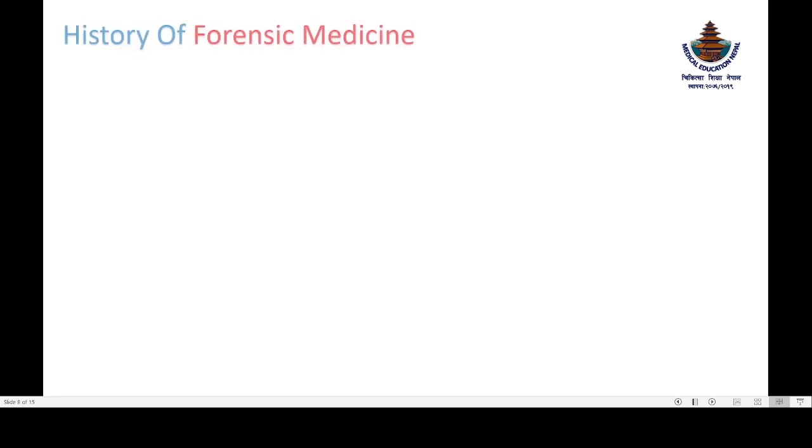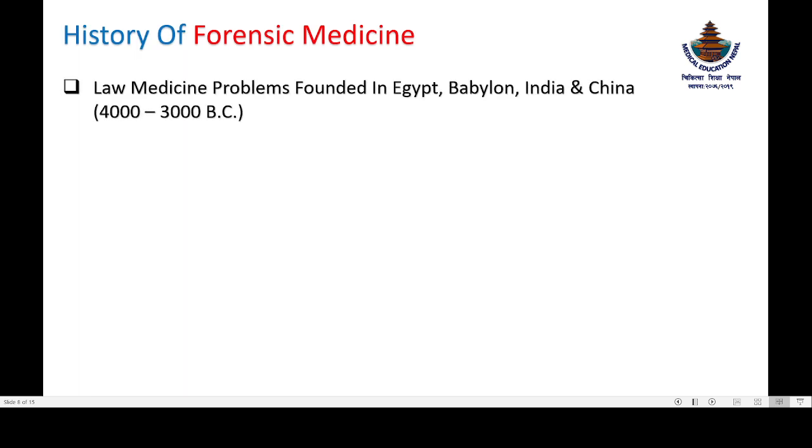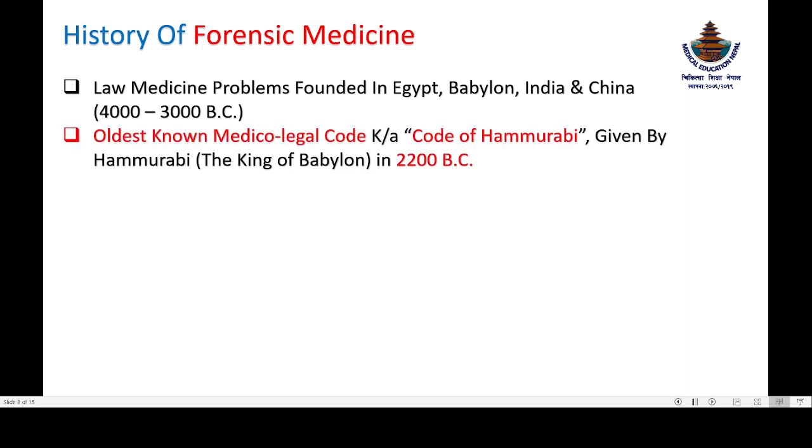Okay. Now, what is the history of forensic medicine? Medico-legal problems were first found in Egypt, Babylon, India, and China during 4000 to 3000 BC. The oldest known medico-legal code is the Code of Hammurabi.